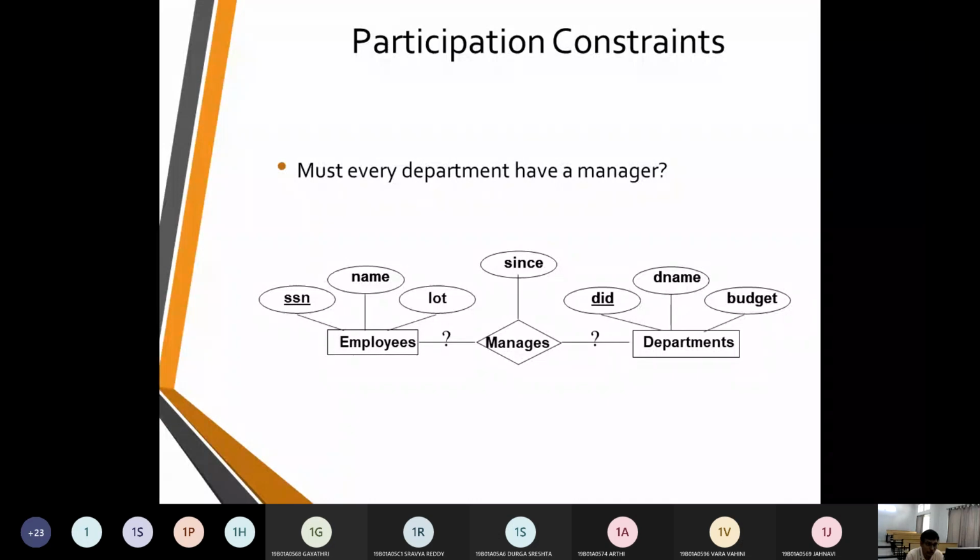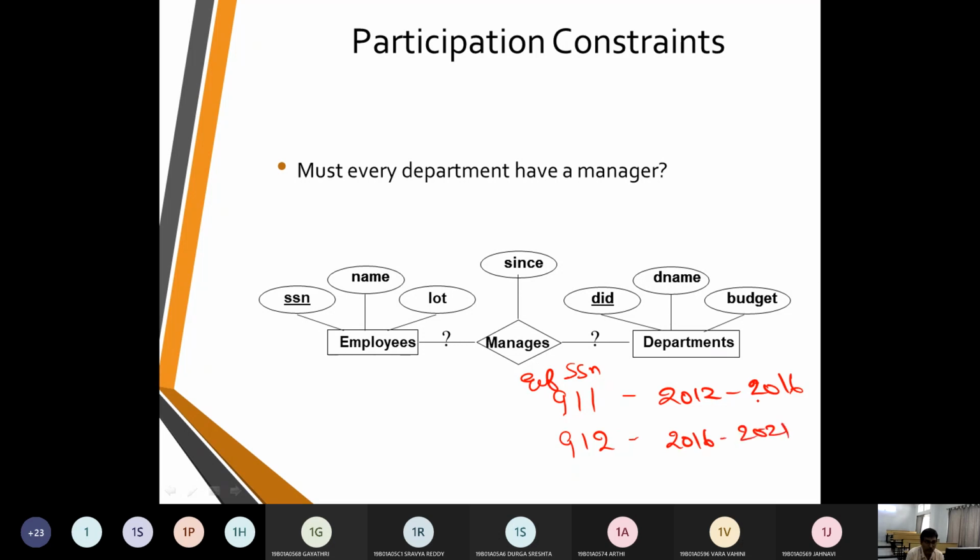Now, let us look into a new word called participation constraint. Now, let me bring you the same context I have given you earlier. Employee number 911 is from 2012 to 2016, and 912 is from 2016 to 2021.